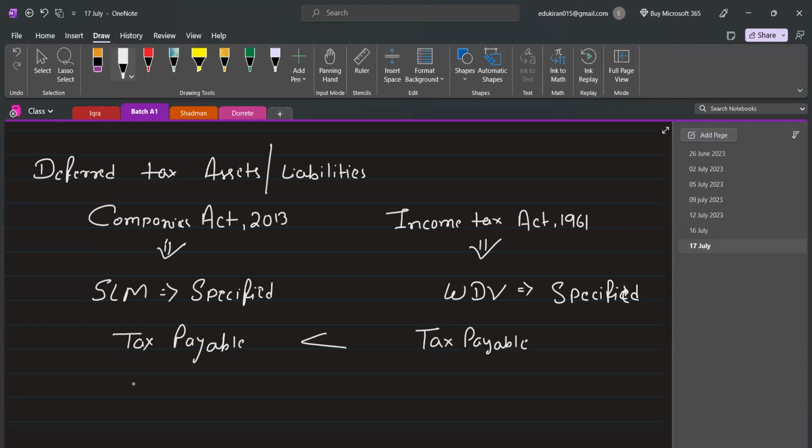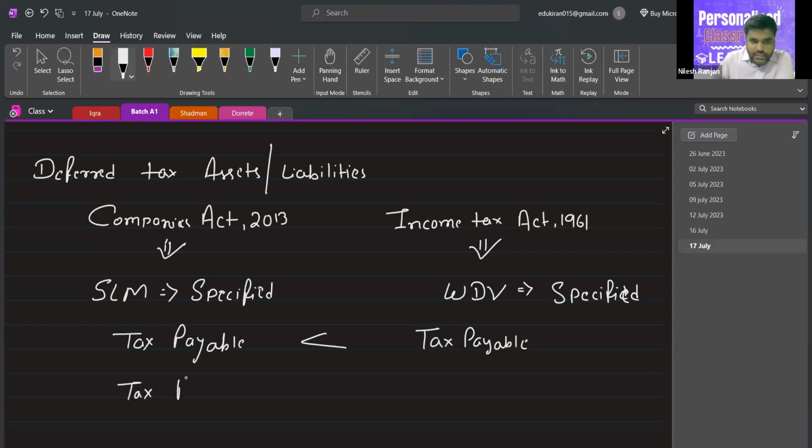And in some cases, tax payable under the Companies Act is higher than tax payable under the Income Tax Act. Now, can you tell me on the basis of which act tax will be paid to the government? Companies Act or Income Tax Act?